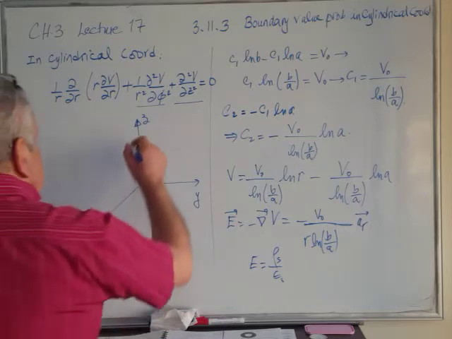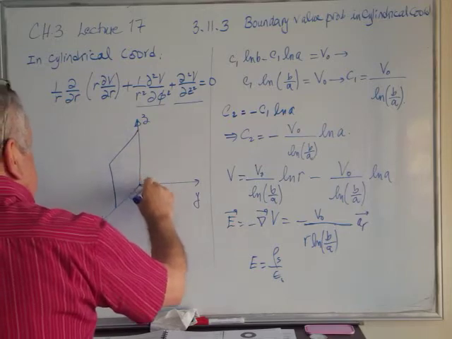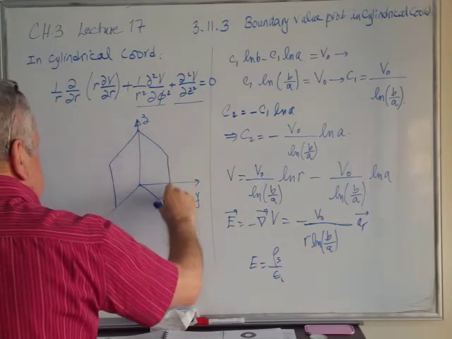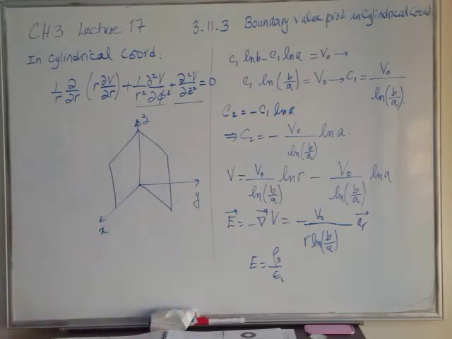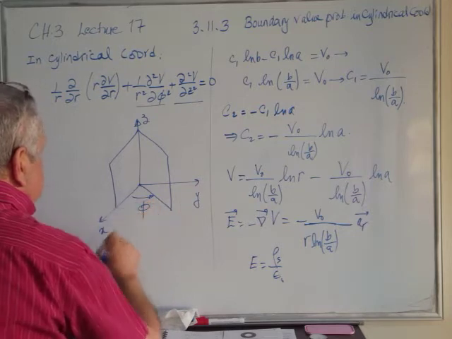Look at that. If you take a conductor like this here and another conductor like that, imagine that you have two doors like this, okay? And that is the angle between the two, phi, okay?